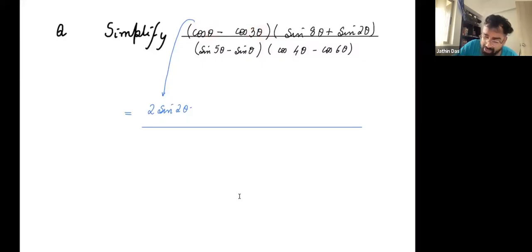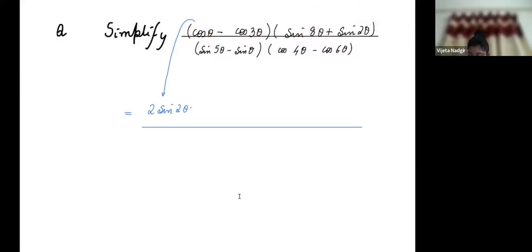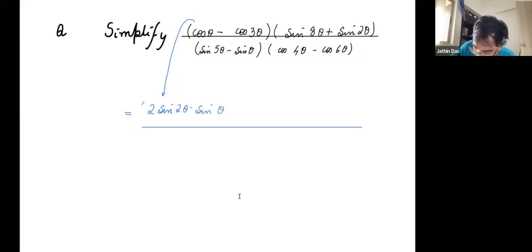I'll remove this negative sign and think like this: D minus C by 2, which is 3 theta minus theta by 2, which is theta. Understood? D is bigger, you have to do like this. Others you do. See here also, C and D. D is bigger. Whenever you see cos C minus cos D and D is bigger, then you don't use a negative sign. You take the difference and then do it.